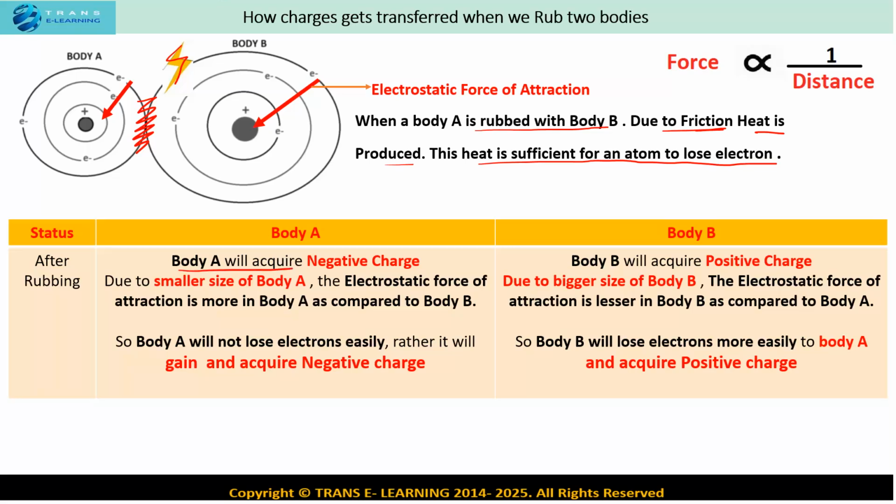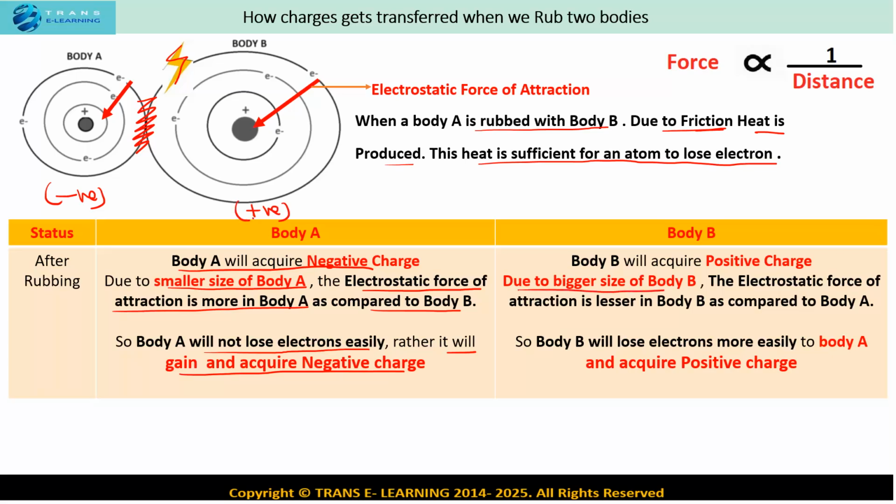The body A will acquire negative charge. Due to the small size of body A, the electrostatic force of attraction is more in body A as compared to body B, right? So body A will not lose electrons easily, rather it will gain and acquire the negative charge, whereas body B will acquire the positive charge.